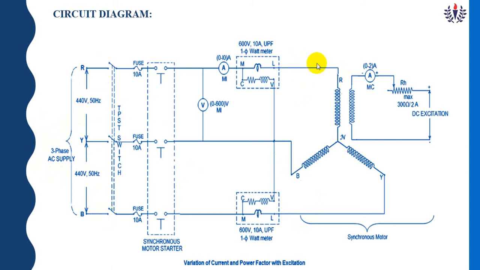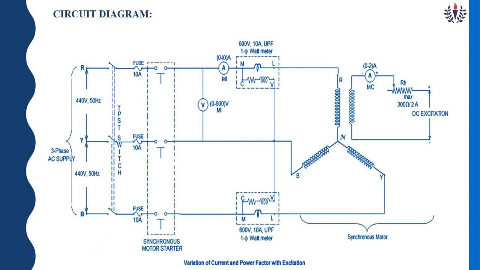It could not be applied directly to the machine, so I used one TPST switch, followed by a fuse, a protecting device, and one more device, a starter. A synchronous motor starter is required, so we used one starter also.